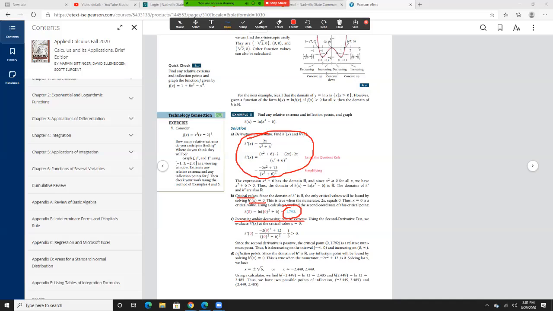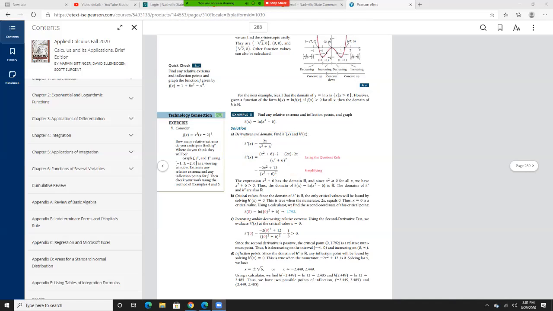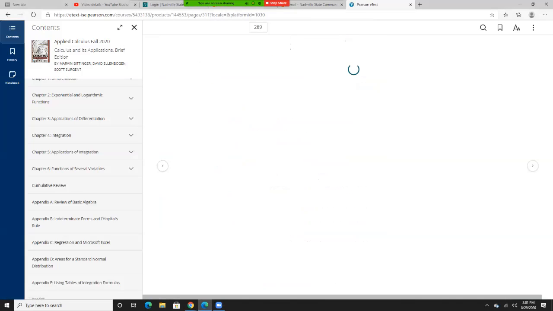If you set the second derivative equal to 0, it will tell you whether or not you have potential inflection points, and you will have to investigate that. I will leave all of that for you to read and think about. But I do want to look at the graph, and we will close with that.